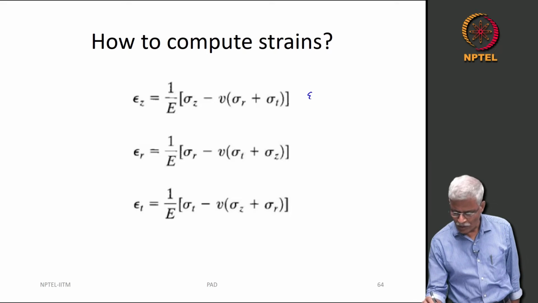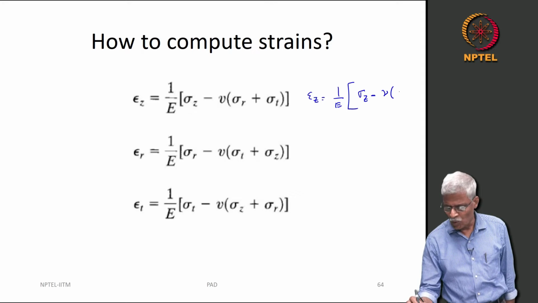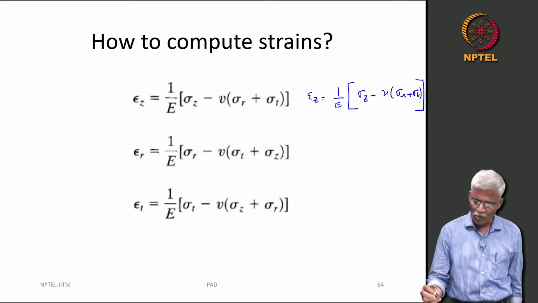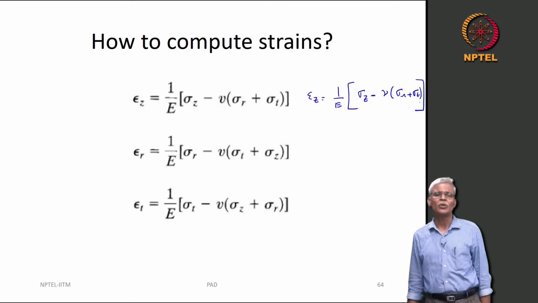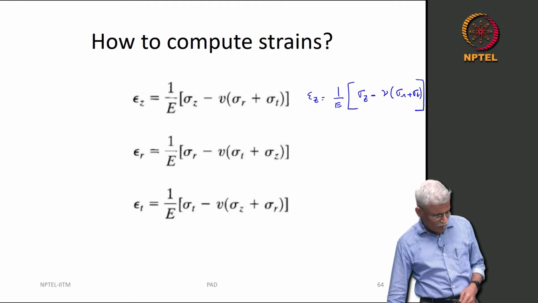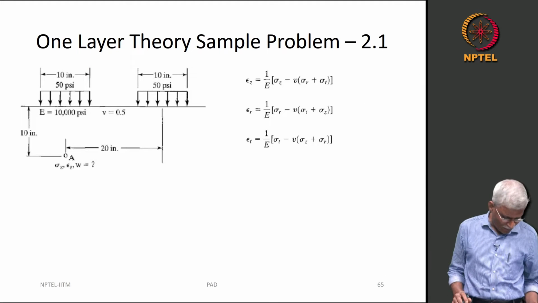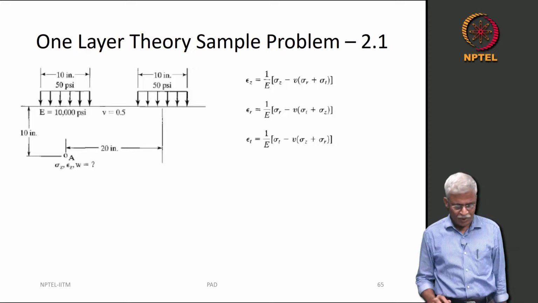Which essentially means epsilon z equals 1 by E times sigma z minus nu times sigma r plus sigma t, and so on and so forth. So, this is how you have to compute the strains. Okay. So, now we will look at a very simple problem here.